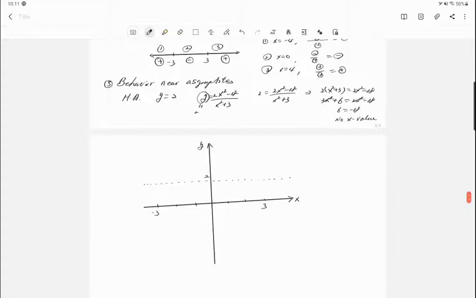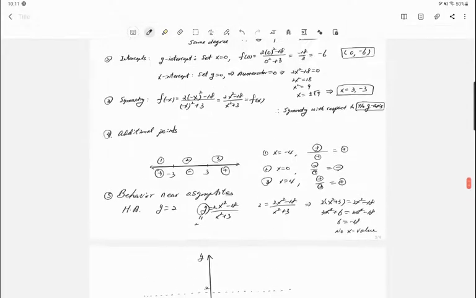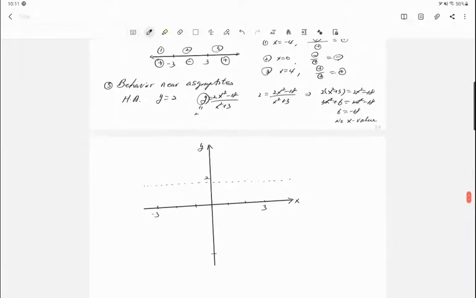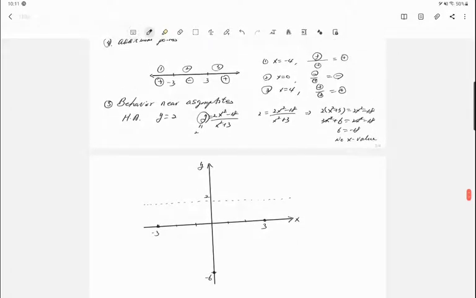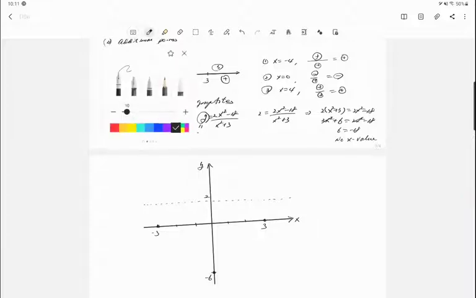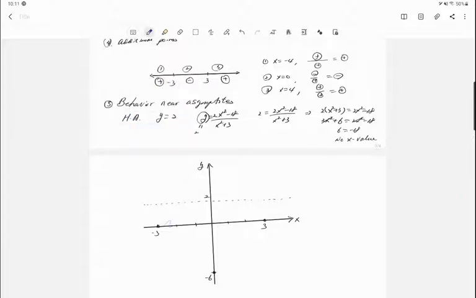The y-intercept is negative 6. And then the signs: the function is negative if x is between negative 3 and 3, and if x is less than negative 3, then it is positive.